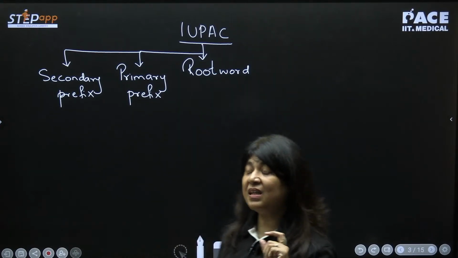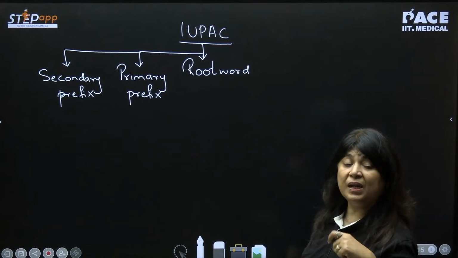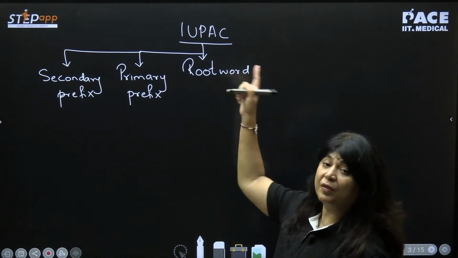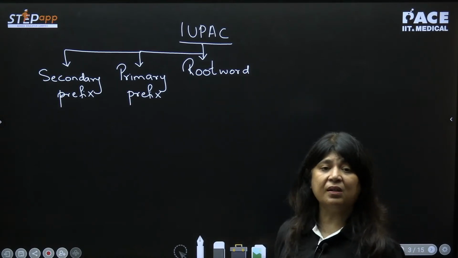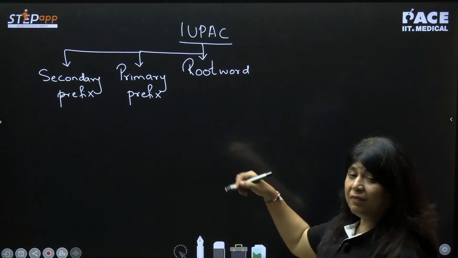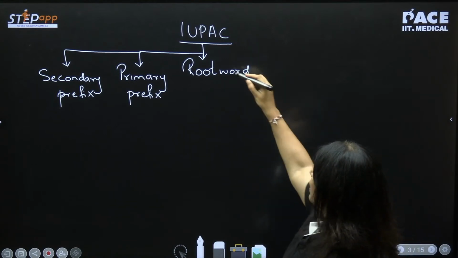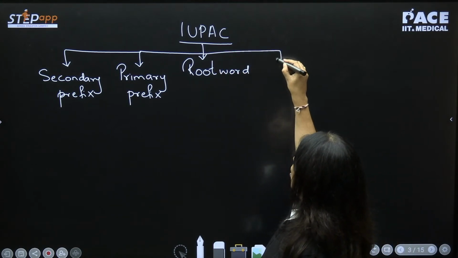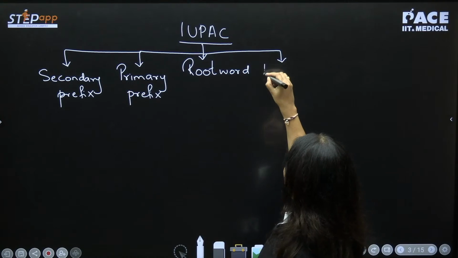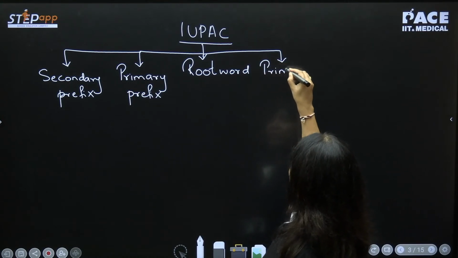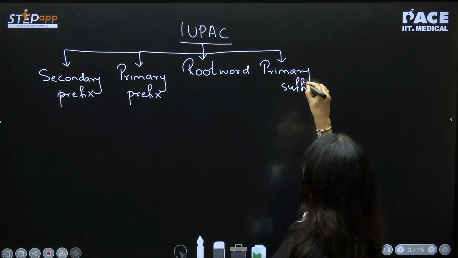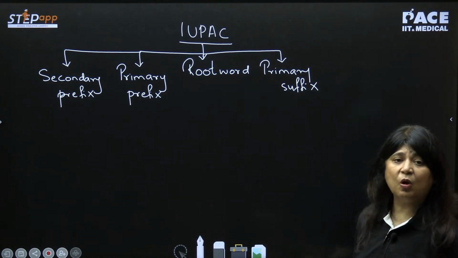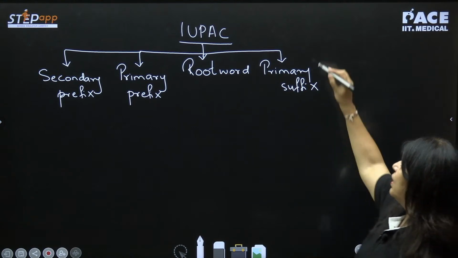So the basic necessity for naming an organic compound is the presence of a root word. The root word is always going to be present in the naming of the organic compound. When we start naming, you will understand. Now the root word is always followed by a primary suffix.